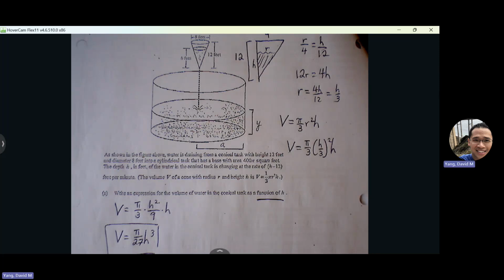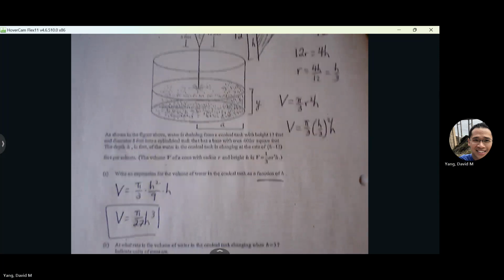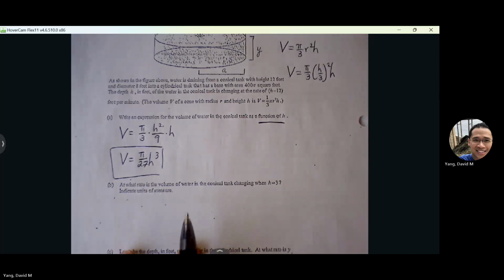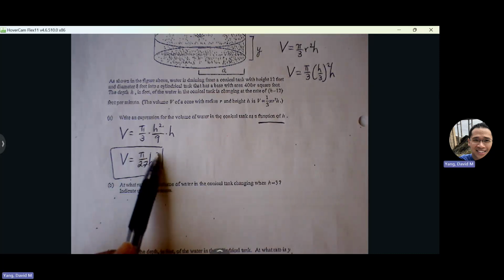Now part B says, at what rate is the volume changing at h equals 3? So we can now find dV/dt. We can go through a power rule on the right side. dh/dt will show up. And then we can find replacements and try to get it down to a number. No issues with part A?